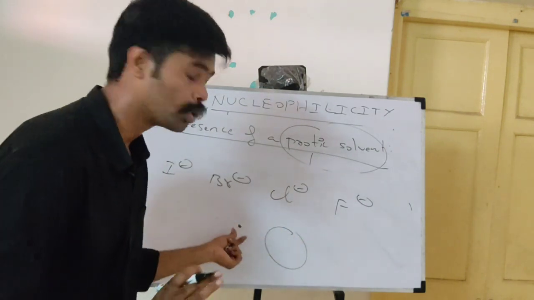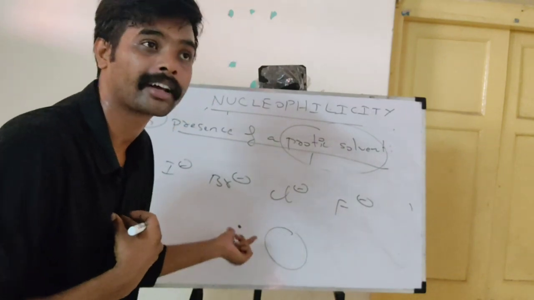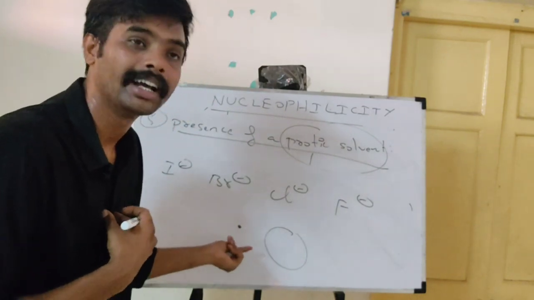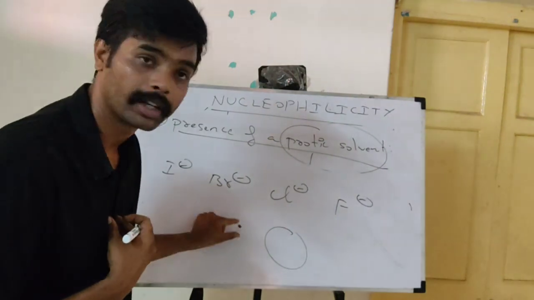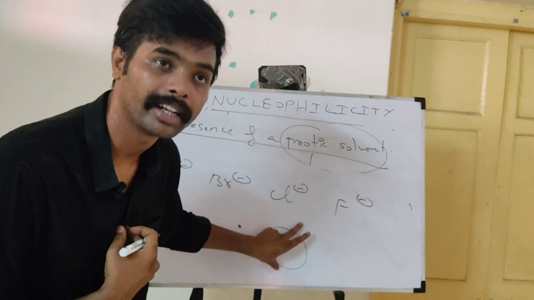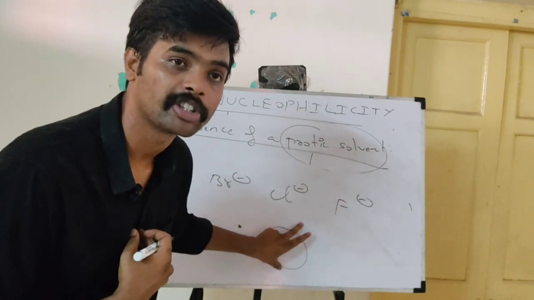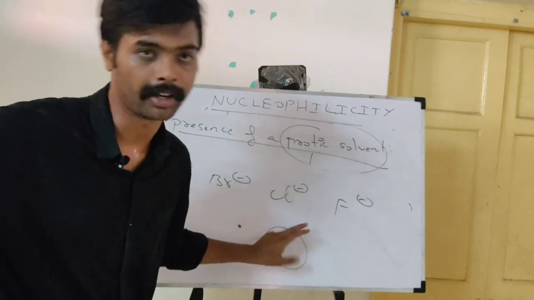Again I repeat, you have to understand that the smaller anion can get crowded very easily, or in other words, it can be solvated or hydrated easily because of its very small size. In the case of a big anion, the crowding is going to be very, very difficult. So the extent of hydrogen bonding will be lesser and lesser as the anion size becomes bigger and bigger.